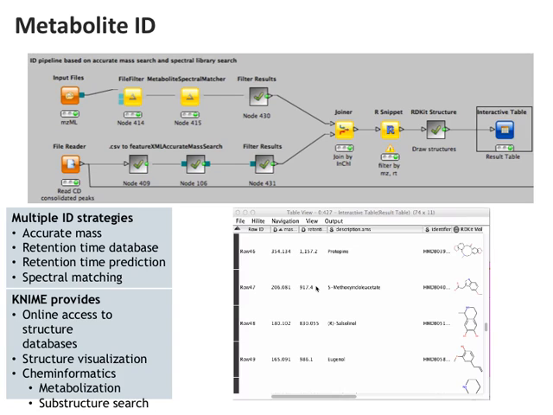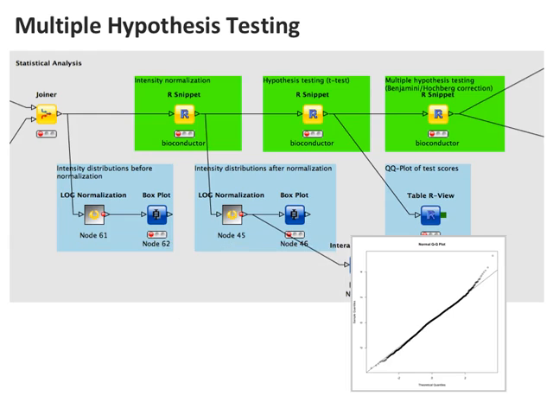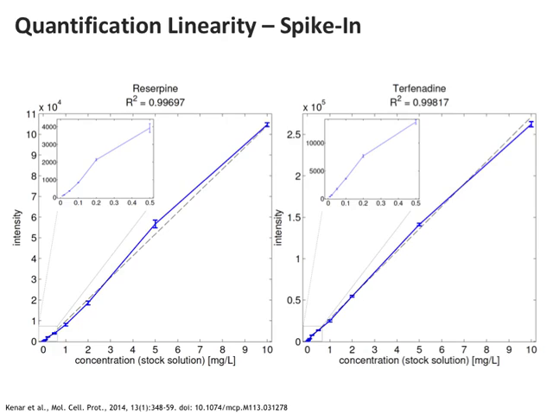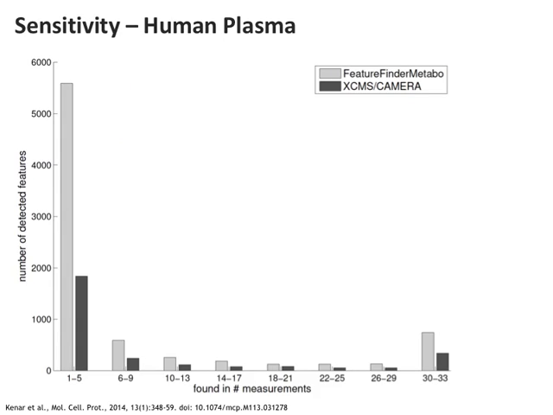Just two questions. As far as I understand, the graph that you showed, the algorithm that you have, in principle, you run the same sample 30 to 33 times, and then you found about 900 compounds that are present in those 30 runs, right?